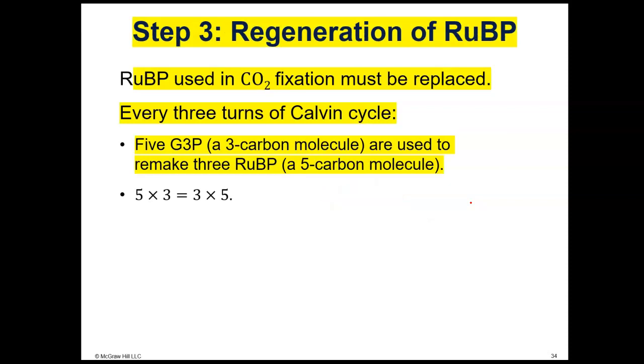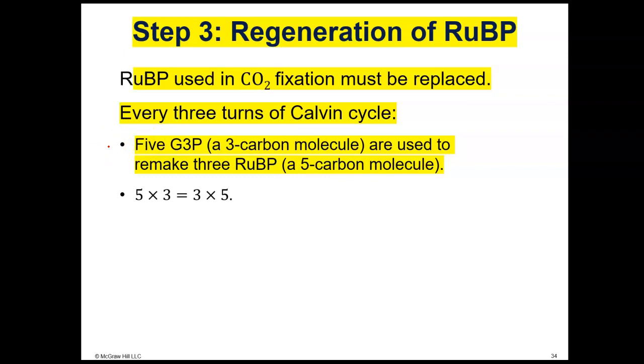Now, step 3 is the regeneration of RuBP, because we've used up the RuBP that carbon dioxide is fixed or attached to. We have to make some more. So we replace it by, for every time you make 6 G3Ps, I'll say it like this. This is the simplest way, I think.